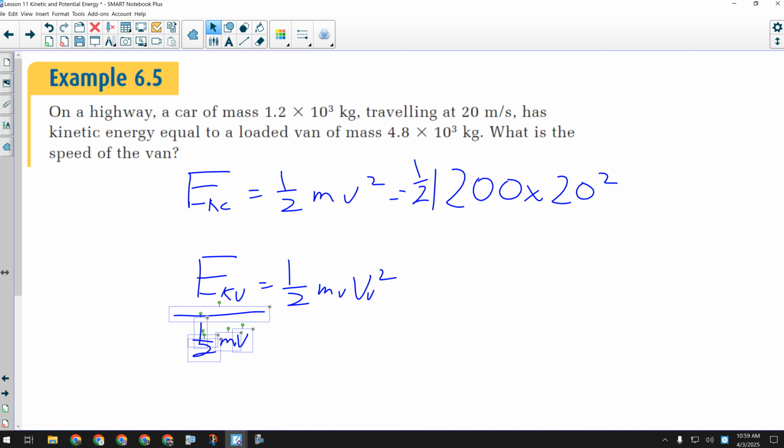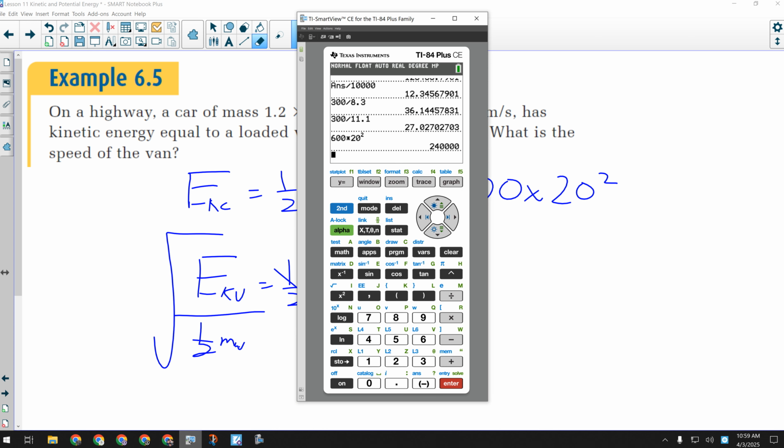Sorry, I got to make that small so we don't get confused. And then I got to square root that. That's too many zeros. Now it's going half as fast.